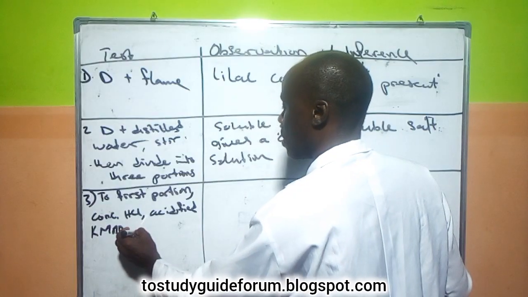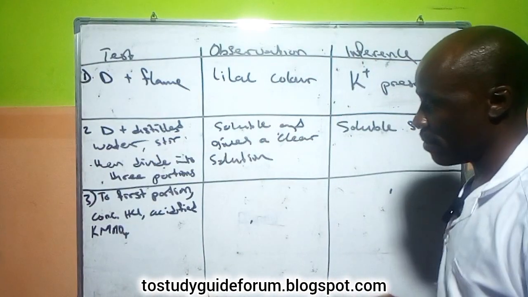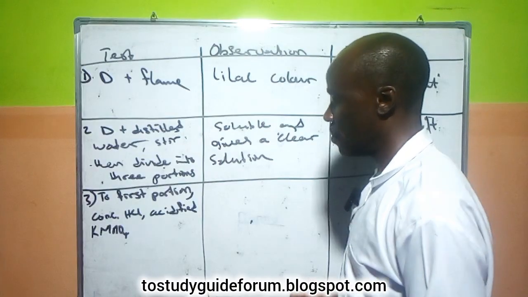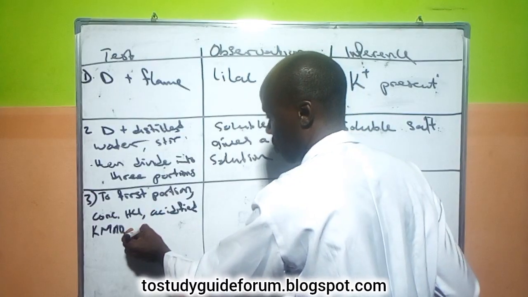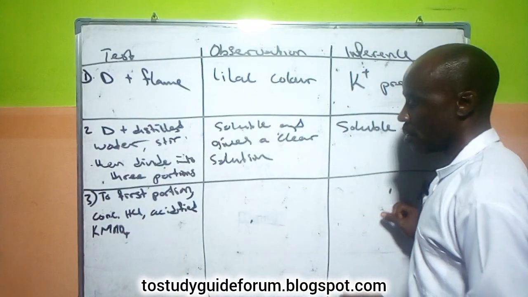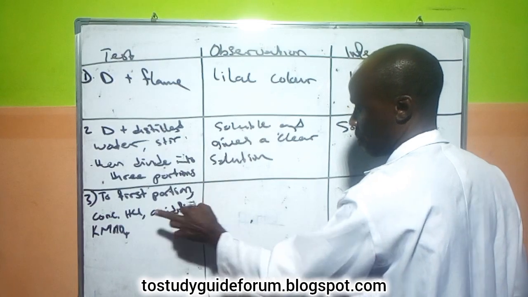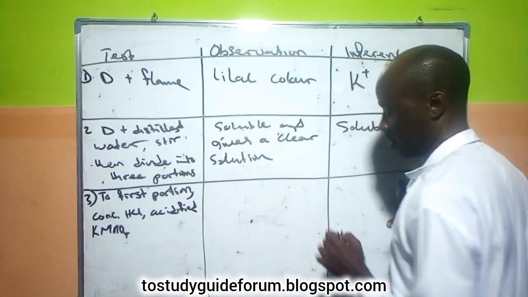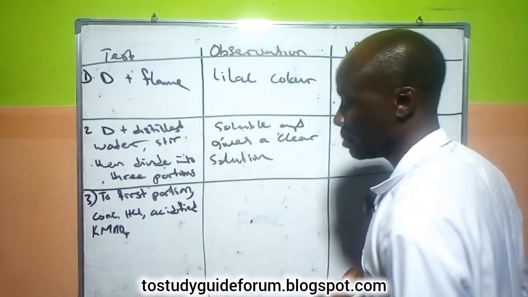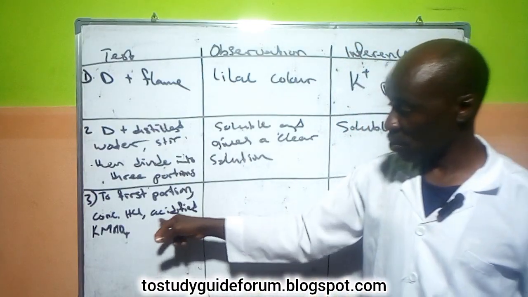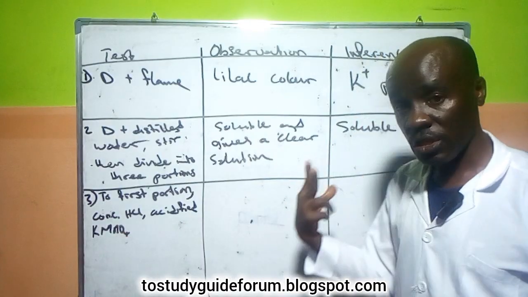When we add acidified potassium permanganate into the compound, we notice our observation on heating it. You can also bubble the gas into it if you want. You allow the gas to come out, and you bubble it into this acidified compound. It will still give you the same thing.